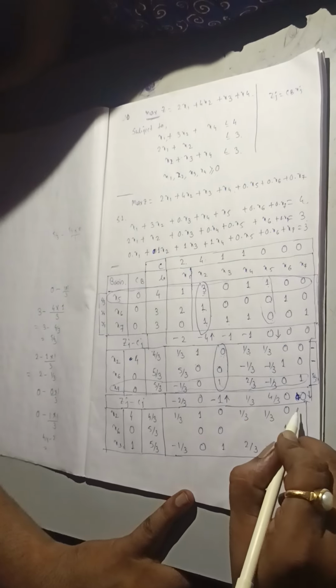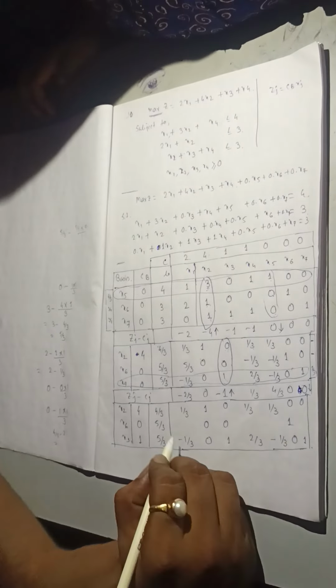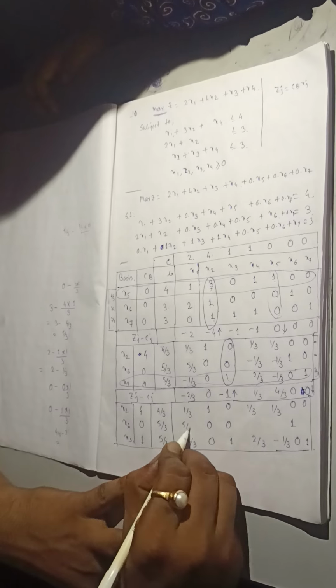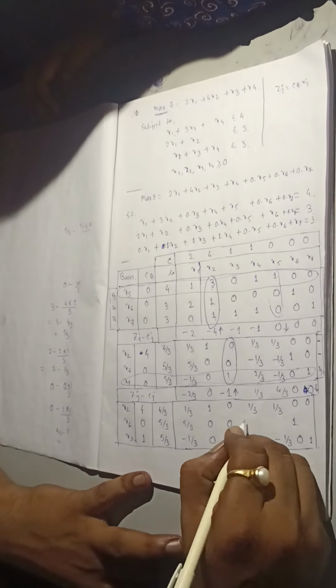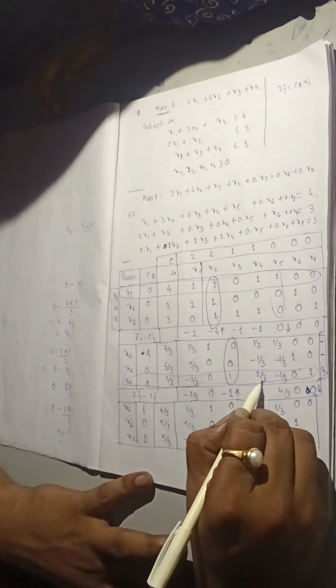And if you go for the last one, it will be 0 minus, same thing, it will remain 0. Okay, now if I calculate this step, look here, 5 by 3, the corresponding key row minus 1 by 3, corresponding key column 0, so simply it will become 5 by 3, no issue. Next, this one minus 1 by 3, the corresponding key row is 2 by 3, the corresponding key column is 0, so minus 1 by 3.